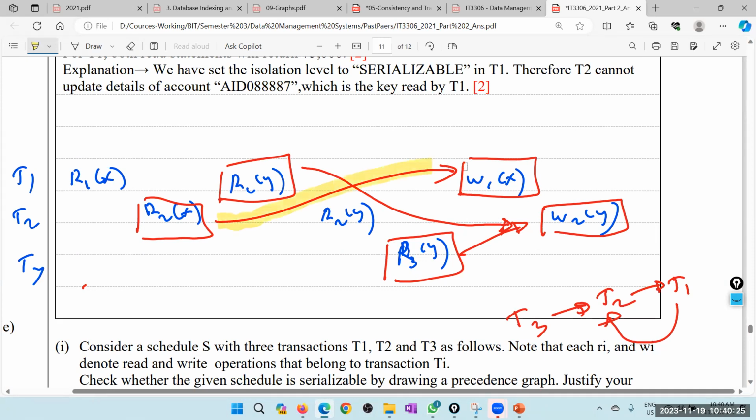T2 to T1, then T1 to T2. This is the conflict. T2 to T1, T1 to T2. So that is where you have the conflict. Not the others, but these are the conflicting pairs. Okay. So this gives you T1 to T2 dependency. This gives you T2 to T1 dependency. Okay.